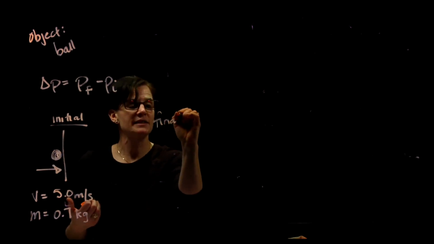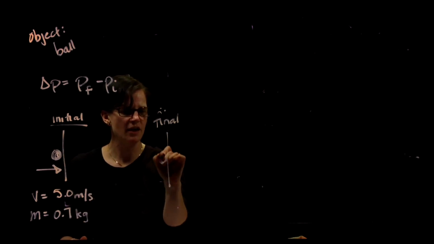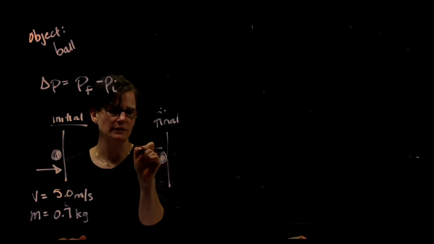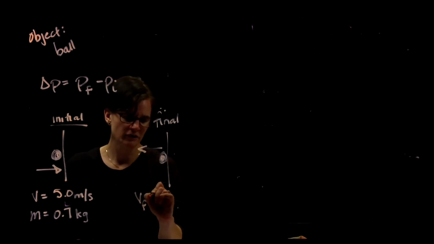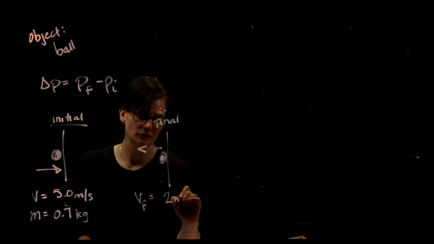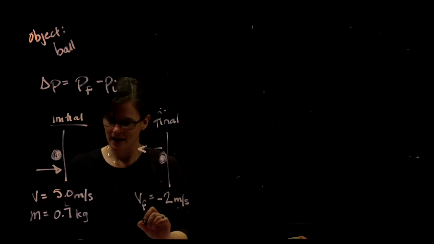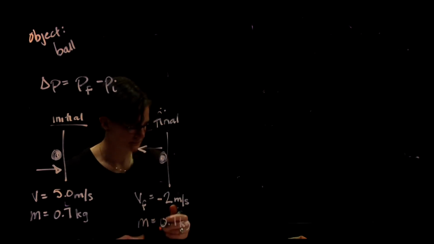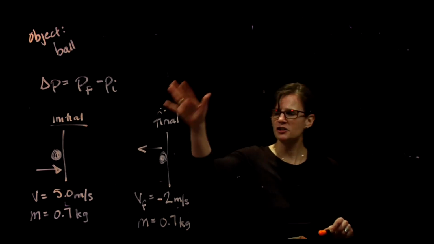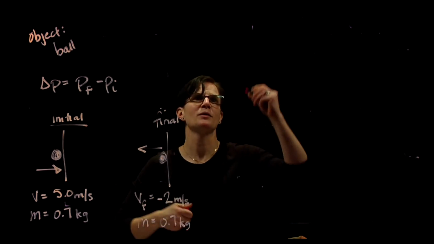The final situation after that interaction, well, here's the wall, and now the ball is leaving the wall in that direction. The final velocity has a magnitude of 2 meters per second, but it's in that direction. And the mass of the ball has stayed the same. So here's my initial condition. Here's my final condition. What is my impulse?